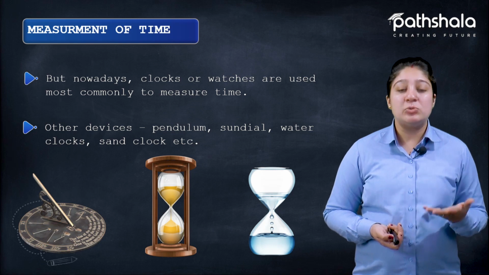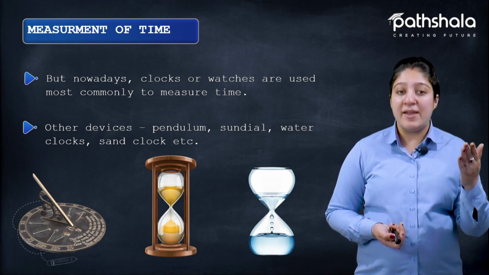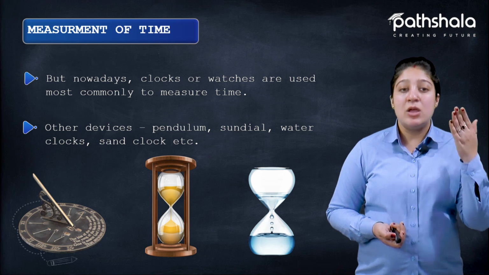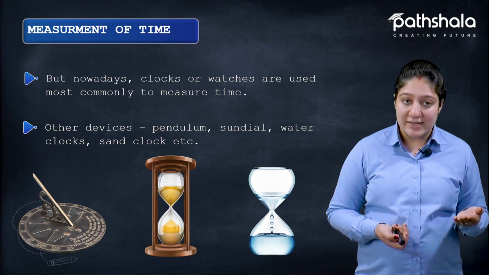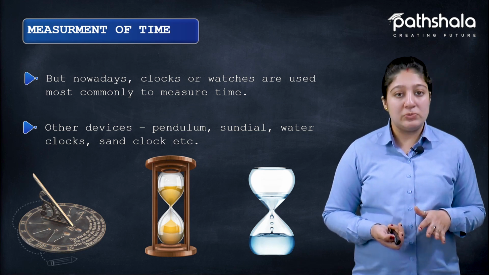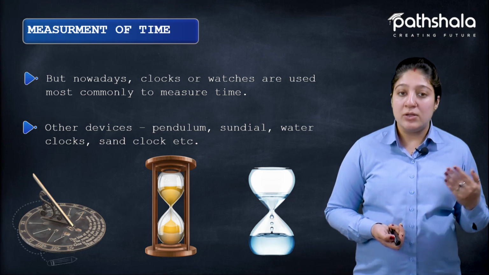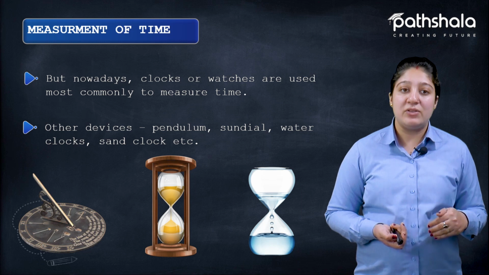In sand clocks, they cover one time interval from when the sand passes from one beaker to the other, or one part of the sand clock to the other part. Similarly, water clocks also work, with water traveling from one part of the vessel to another part of the vessel.